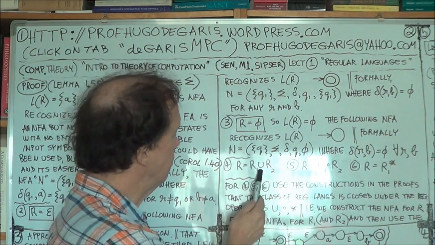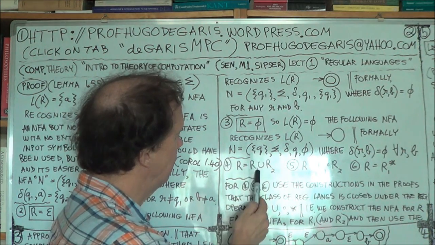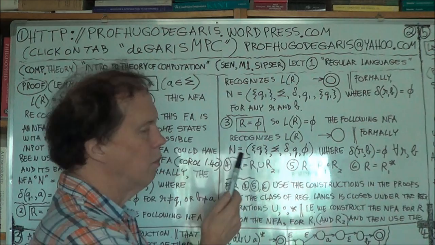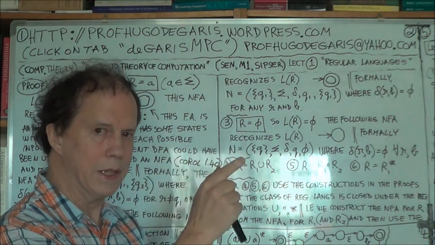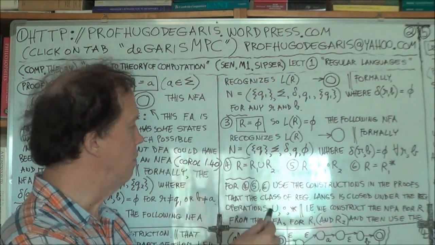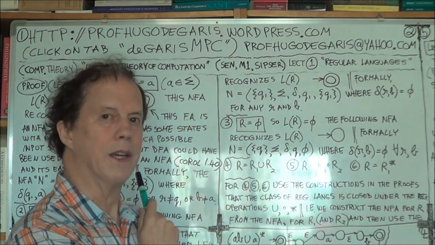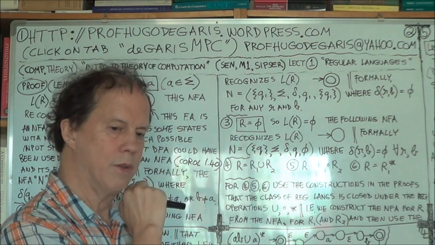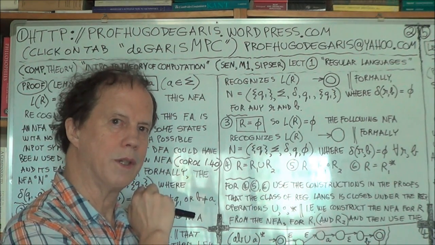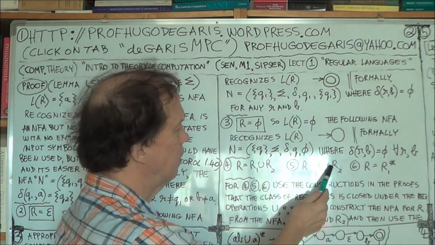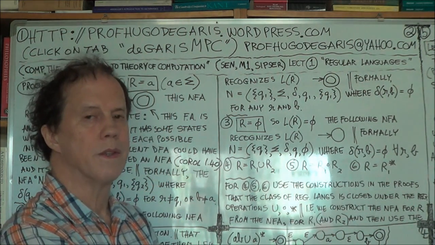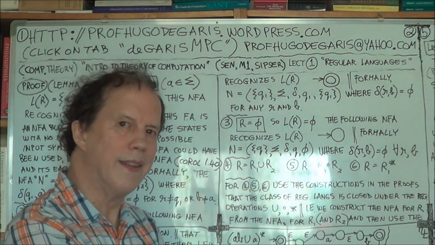Okay, so imagine we've found an NFA that recognizes that language, and we've got another NFA that recognizes that language. Well, in the closure proofs, we showed how to form an NFA that would be the union of 2 NFAs. And similarly with the concatenation operator, and similarly with the star.